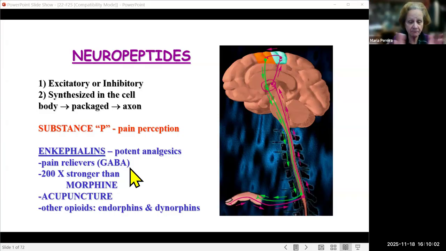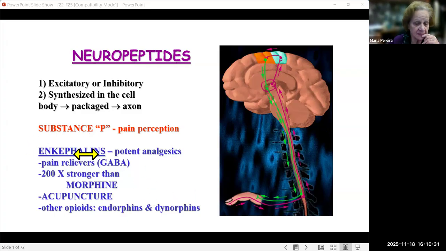So you know that GABA is the inhibitory neurotransmitter in the brain. So if GABA activates its receptor, it can be a chloride channel or it can be a potassium channel. Then the potential at the membrane becomes more negative, becomes hyperpolarized, and that's why it is inhibitory.